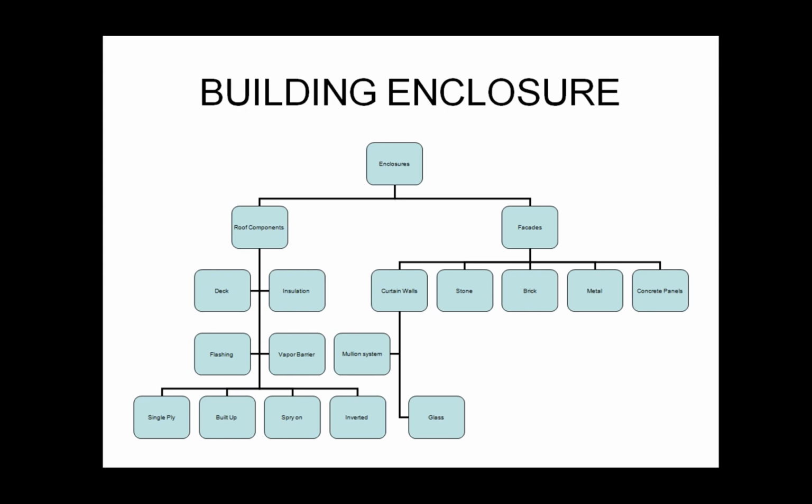All right, so we've kind of split the topic into two, between roof components and the facades, so basically the sides of your building and the top of your building. So the sides, the skin, and the top, the hair. So there's a number of different components to each one of them. On the roof, obviously, you have the decking, the flashing.